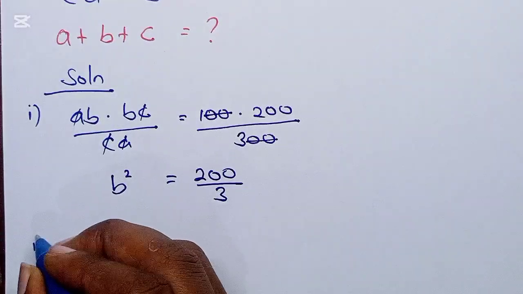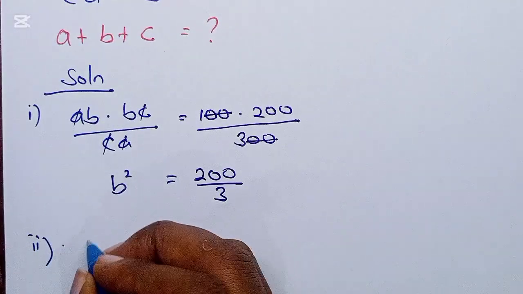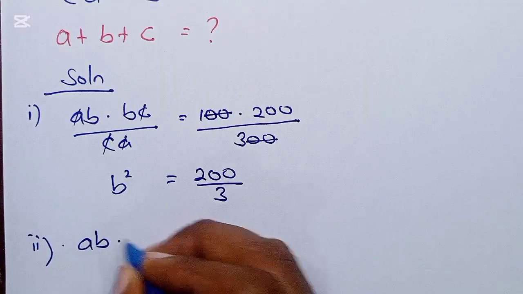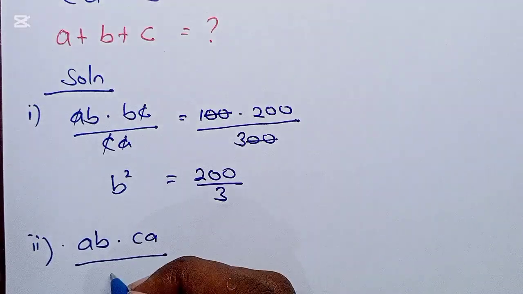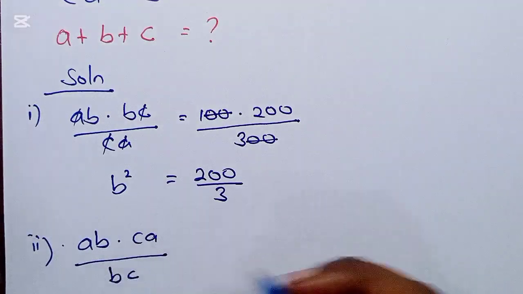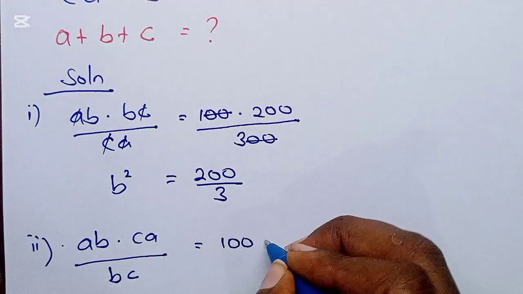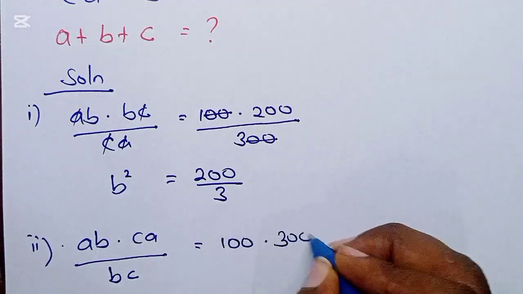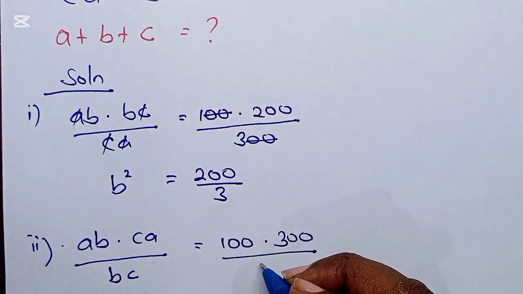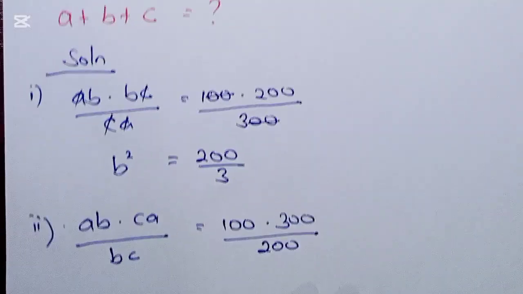Then second, considering AB times CA over BC. So this will be equal to our AB is 100, our CA is 300, and our BC is 200.